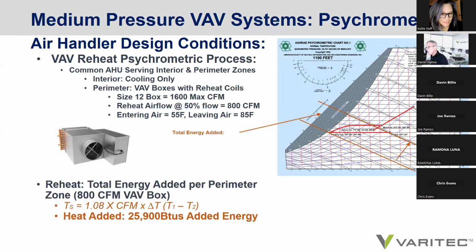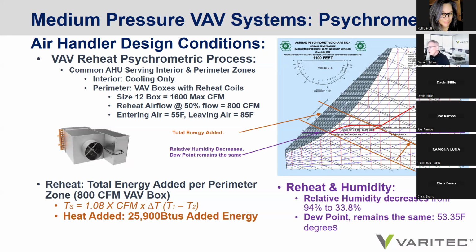So if we look at the psychrometric process of cooling the air and then having to reheat the air back up to 85 degrees to heat in perhaps perimeter zones during the winter conditions, we are doubling the energy usage to meet that at a VAV box. In fact, we have to add 25,900 BTUs at an 800 CFM VAV box in order to reheat the air to maintain the heating demand in a space that has to be maintained at stable temperature and humidity levels throughout the year, such as a hospital.